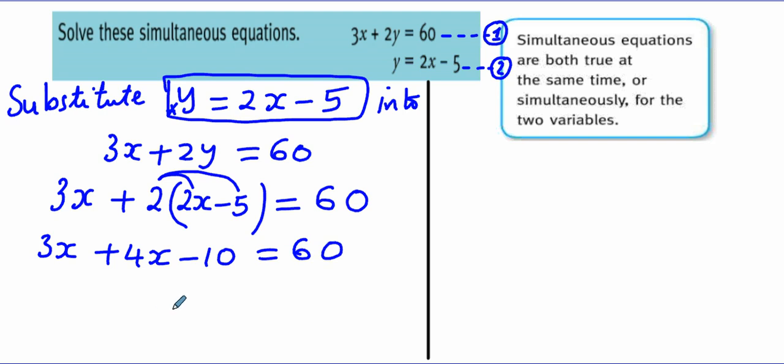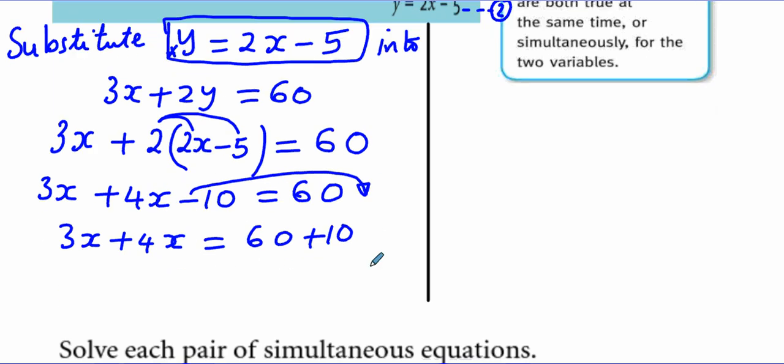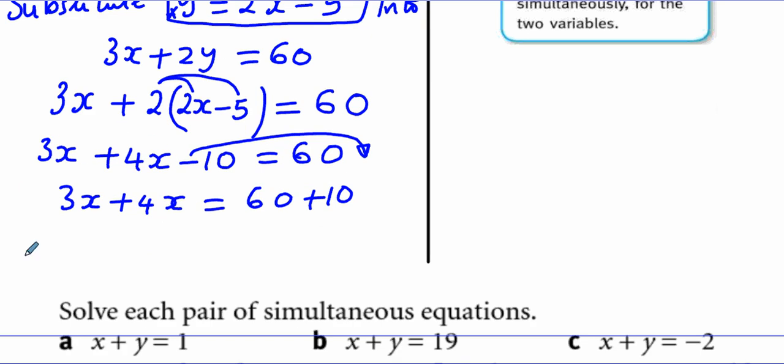When you reach here, you collect like terms. This negative 10 goes to the right hand side, and this will be 3x plus 4x equals 60 plus 10. So when you reach here, you simply simplify this. That is 3x plus 4x, this is 7x, 60 plus 10, this is 70.